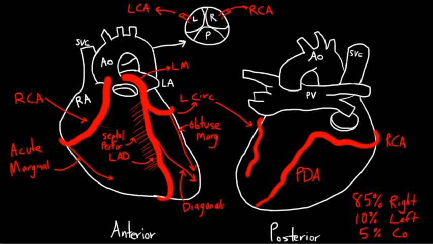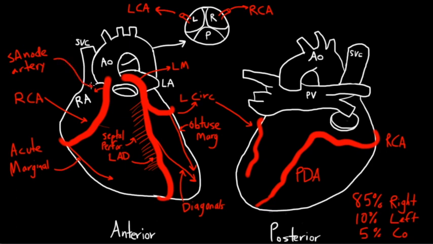One other tiny vessel that we should bring up is the SA node artery that sometimes comes off the RCA right there. I'll just say SA node artery. This is a small vessel that provides blood supply to the SA node, which is the area of the right atrium that actually sets your heart rate.